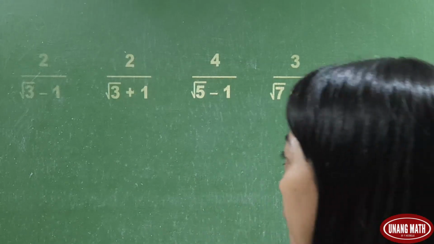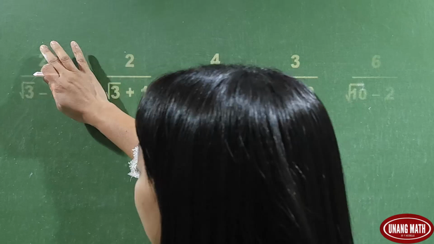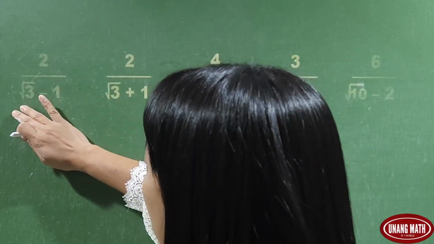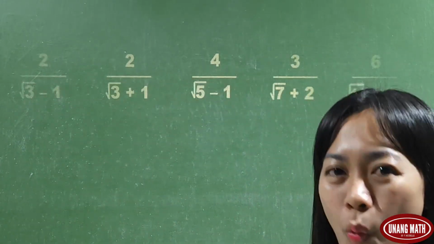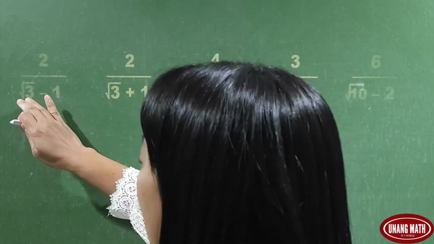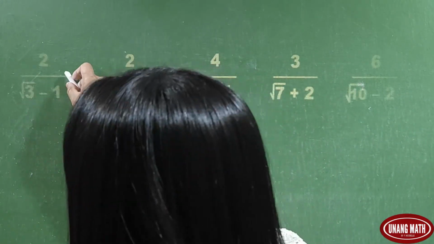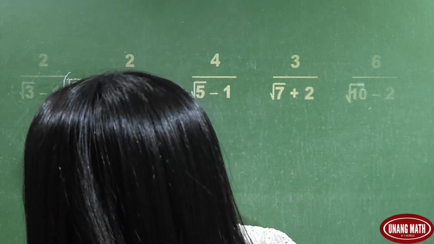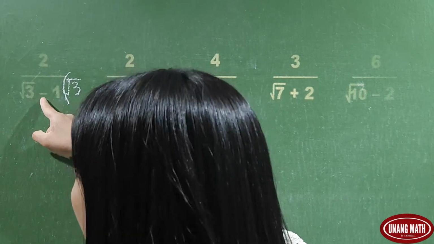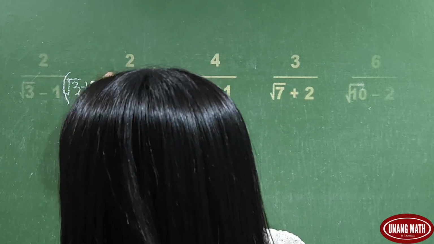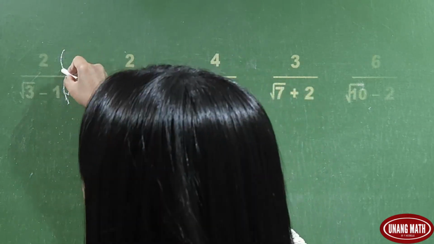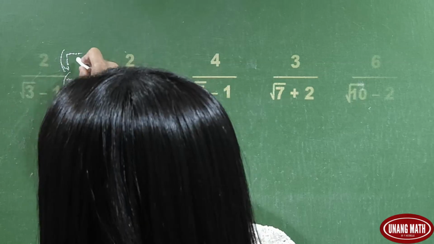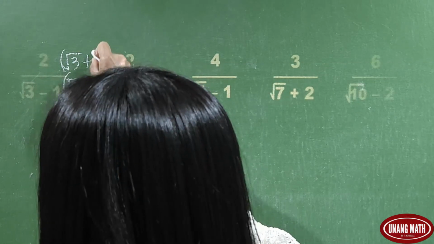So how come? We have here 2 over square root of 3 minus 1. When we rationalize the denominator of these fractions, so this is times square root of 3, and opposite sign is plus, so plus 1. Multiply this also, numerator, by square root of 3 plus 1.